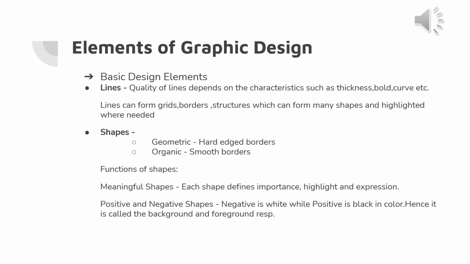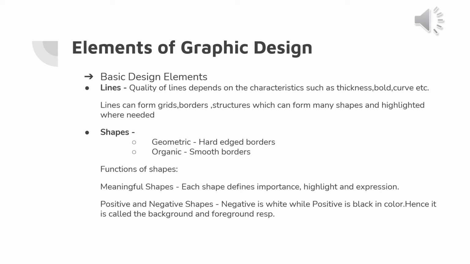One being the geometric shapes, which are hard-edged and have well-defined borders, such as an exact square, a rhombus, etc. Meanwhile, there are organic shapes which have soft, smooth borders. They can be formed using curved lines. These are the types of shapes.